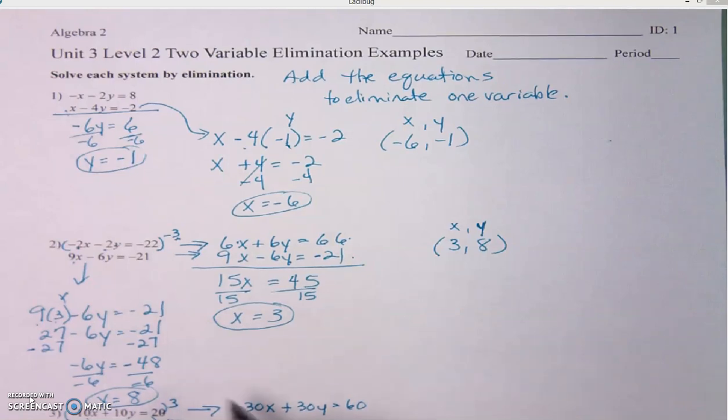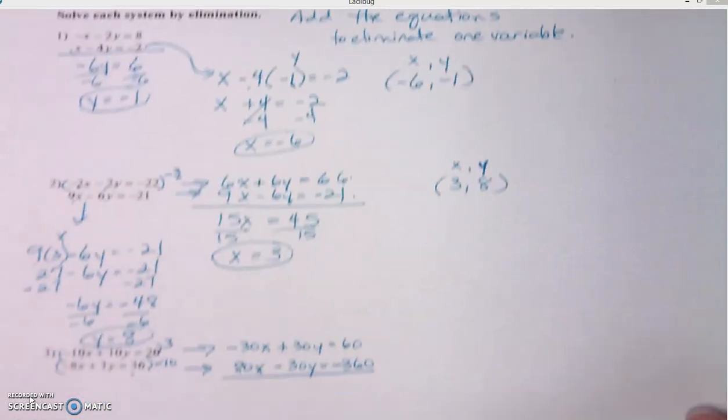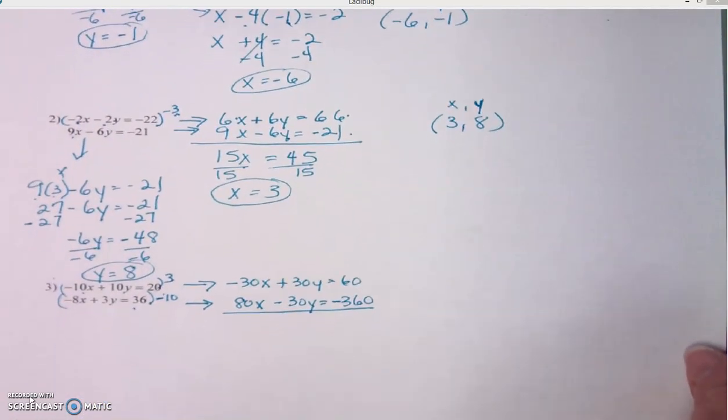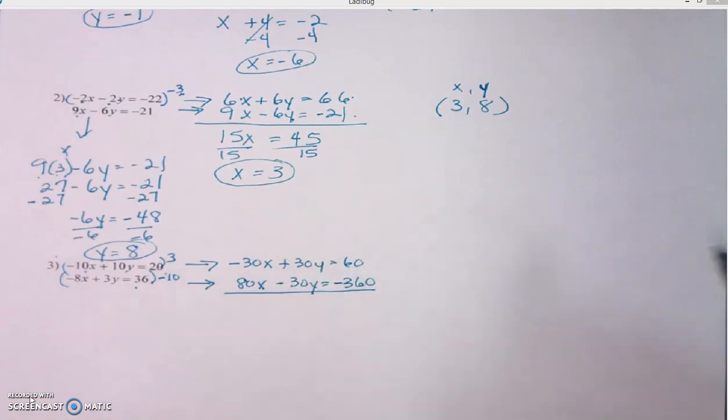Negative 10 times a positive 3 is a negative 30y. And then negative 10 times 36 is a negative 360. See, now I have my coefficients on my y opposite. Let me move this up. The opposite signs, and they're the same coefficient.